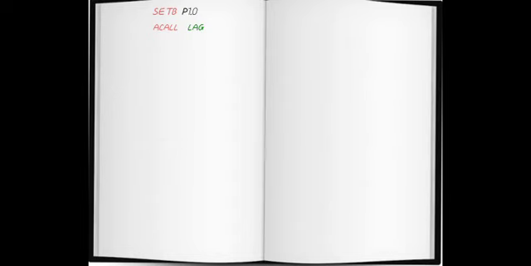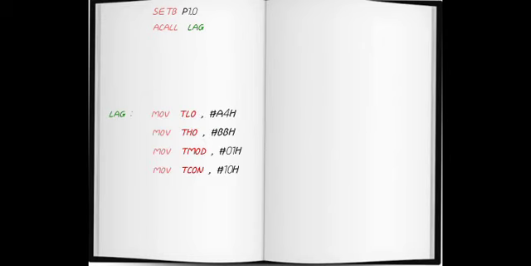Now we have to create the subroutine named lag to provide a delay of 17,500 microsecond. As evaluated earlier, the registers TL0, TH0, TMOD and TCON are to be set, so these numbers are moved to these registers. Now we add a jump instruction here so that it waits until TH0 overflows and TF0 is set.